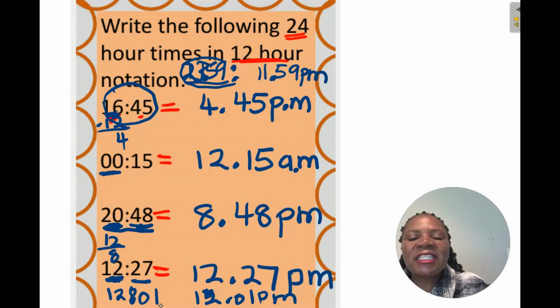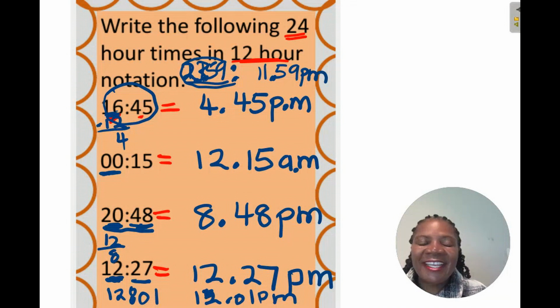So when we start the noon time, a minute past 12 noon, it will now be PM, 12:01, until we get to 12:59. Then the 24-hour notation will change to 13, and on the 12-hour we'll start at 1 o'clock again. Okay, we will understand it if we are not understanding it.